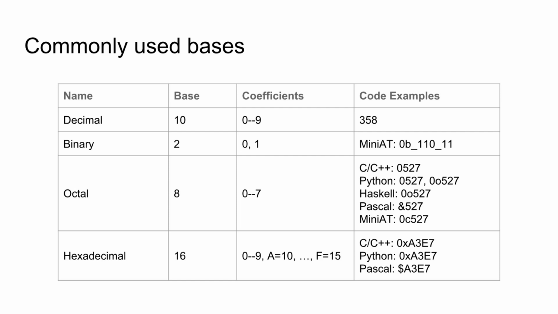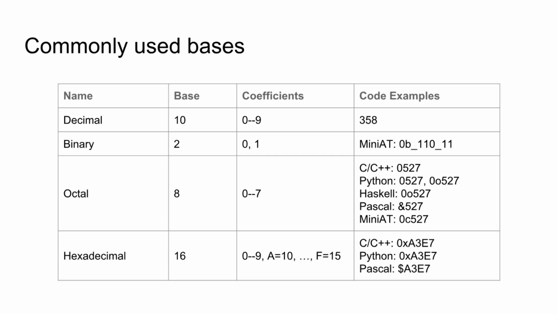But we have two additional bases that are very common. One is octal, and octal is base 8, which means that its coefficients go from 0 up to 7, but they don't include 8 and 9 like decimal. And so each digit represents 8 different values. Now in C, we would see something that appears to be a decimal number, but if it starts with a 0, that's the indication to the compiler that this is actually meant to be interpreted as an octal value.